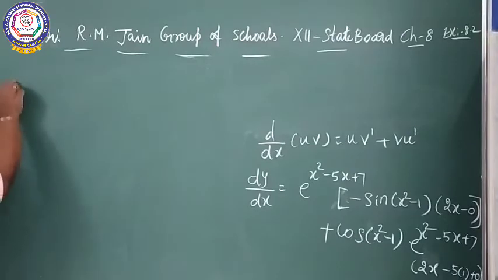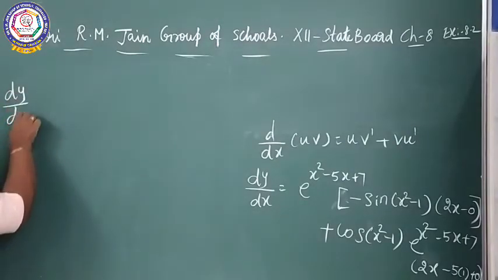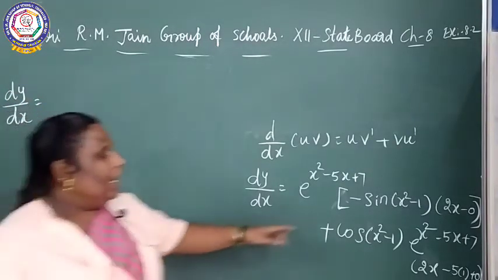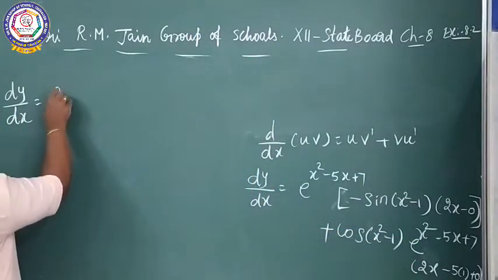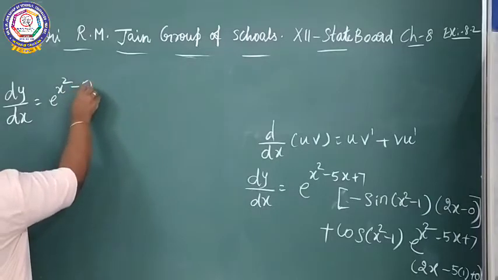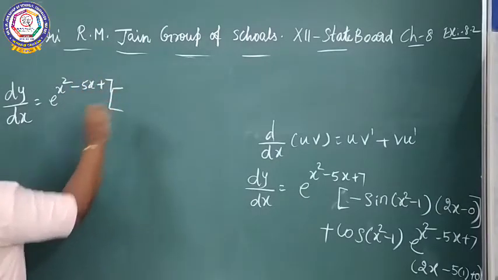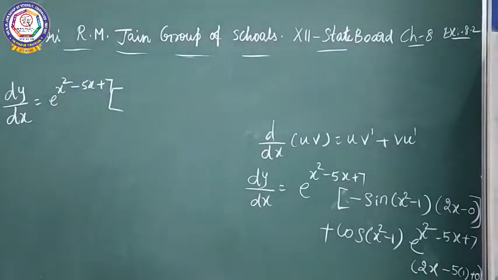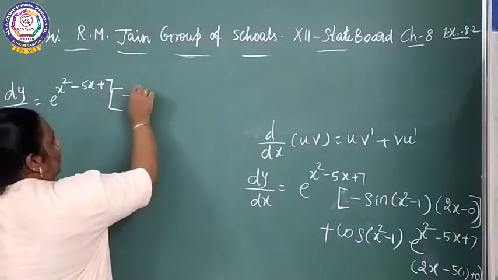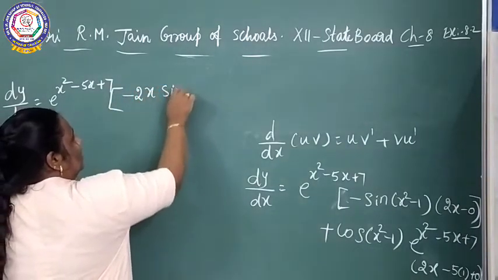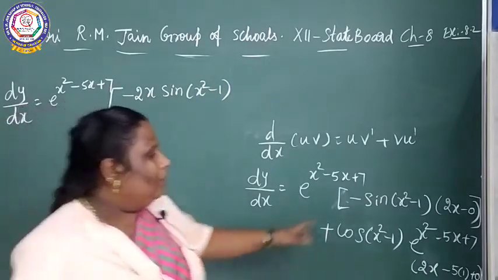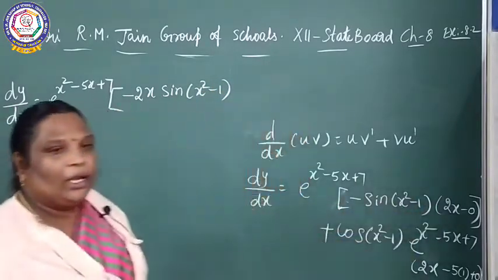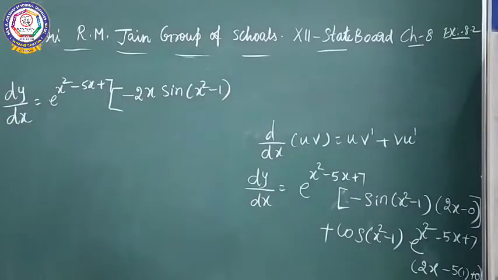See, dy by dx equal to, e power (x square minus 5x plus 7) is common. What is the remaining thing? Minus 2x into sin of (x square minus 1).